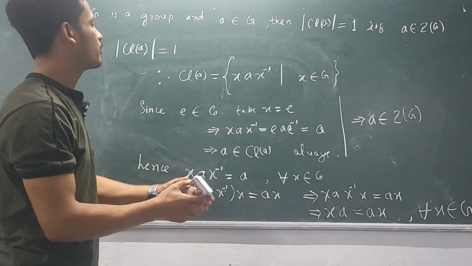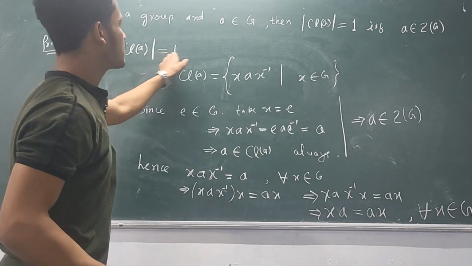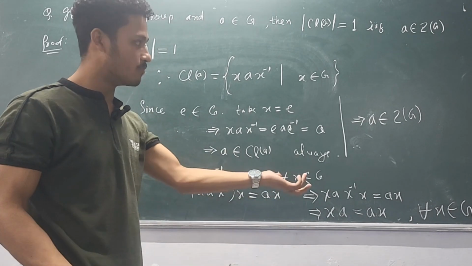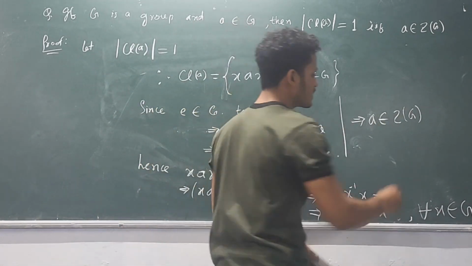And what we have to prove? If the order of Cl(A) is equal to 1, then A belongs to Z(G). So both parts are done; the second part is also completed. This will imply A belongs to Z(G), hence proved.